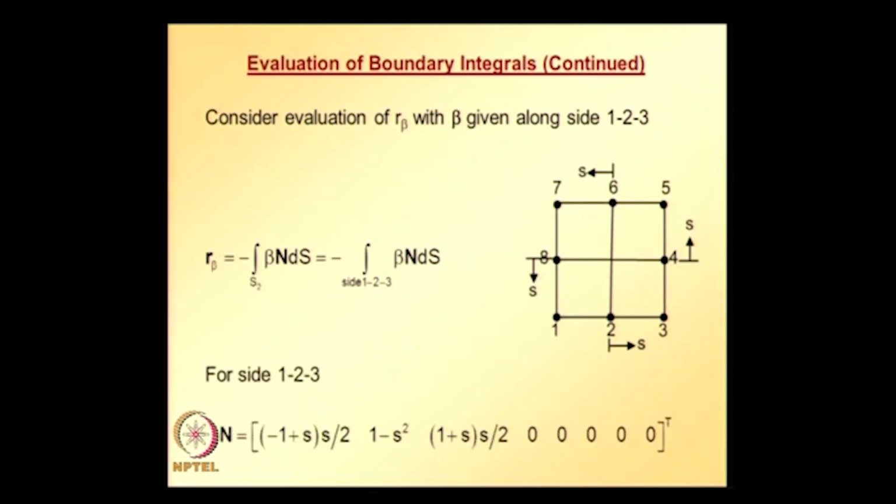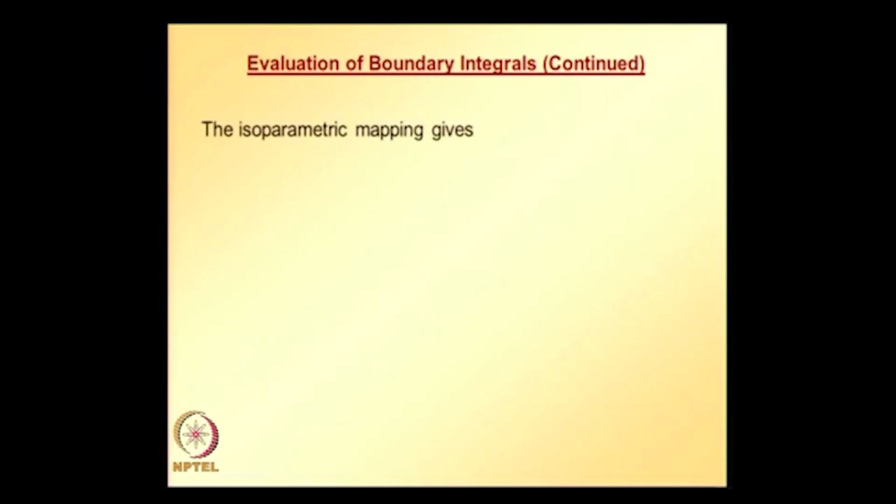For that evaluation we require the shape function vector along side 1, 2, 3, and also the information of how the differential element taken along side 1, 2, 3 in the parent element is related to the differential element along the same side in the actual element. So we require to find the relationship between d capital S and d small s. For that we require to do isoparametric mapping along this edge.